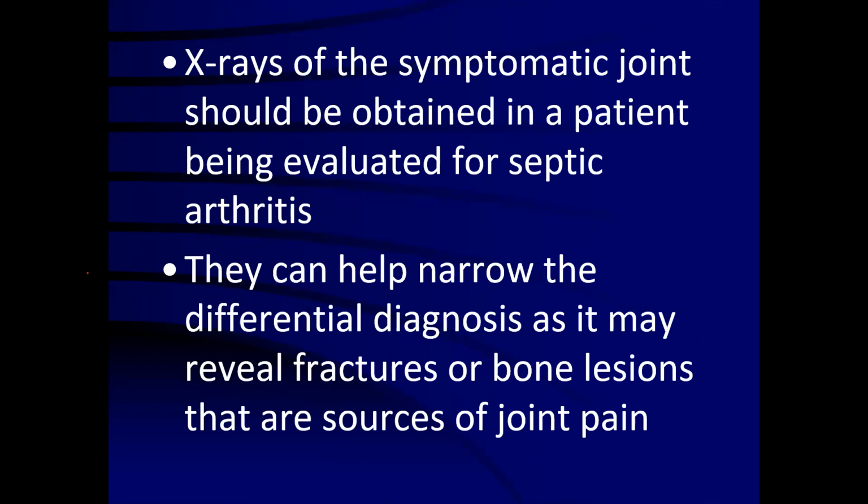X-rays of the symptomatic joint should be obtained in a patient being evaluated for septic arthritis. They can help narrow the differential diagnosis, as they may reveal fractures or bone lesions that are sources of joint pain.